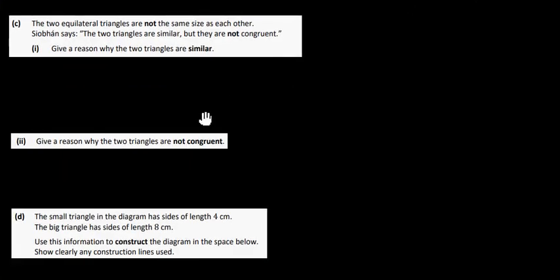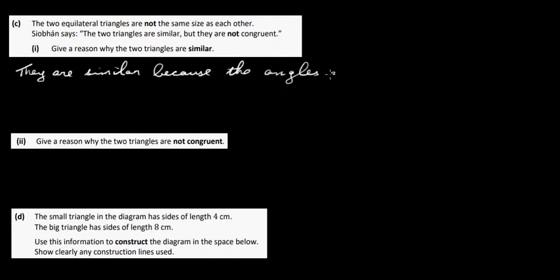part C then. The two equilateral triangles are not the same size as each other. Siobhan says that the two triangles are similar, but they are not congruent. Give a reason why the two triangles are similar. They are similar because the angles are the same, but the sides are different.